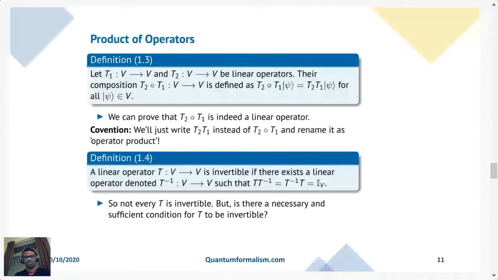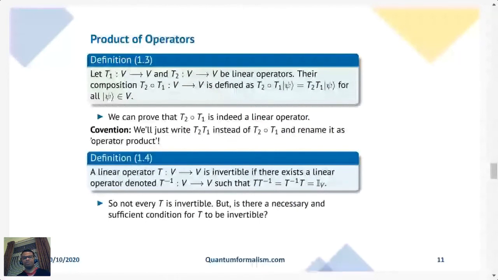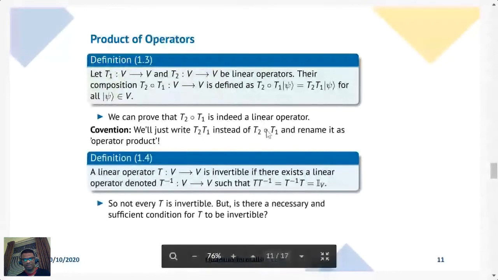Now we are using the linear structure, so let's just call it a product. In the next few sessions, when we talk about dual spaces, we might also define the addition of operators. But for now, let's just stick with the product. So that's how the product of two operators in V, both acting in V, is defined.